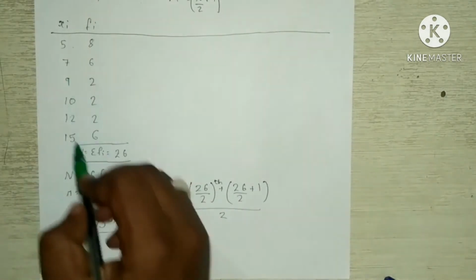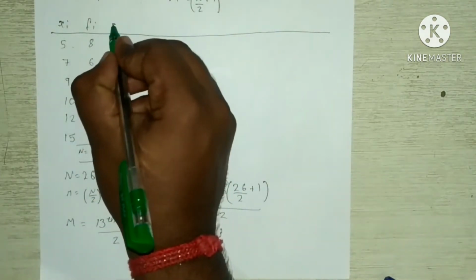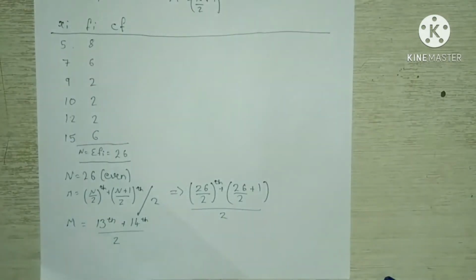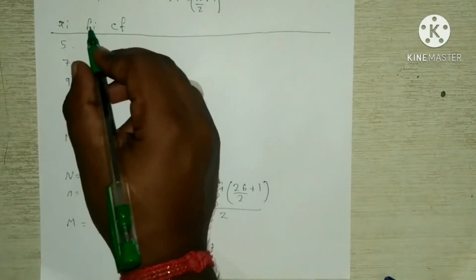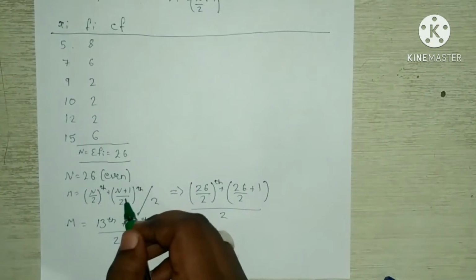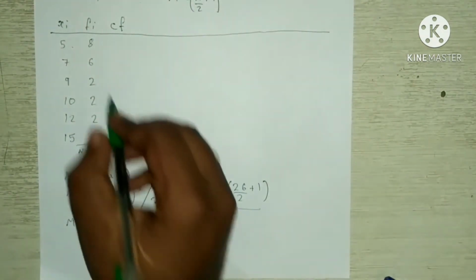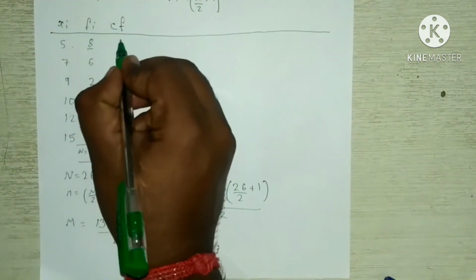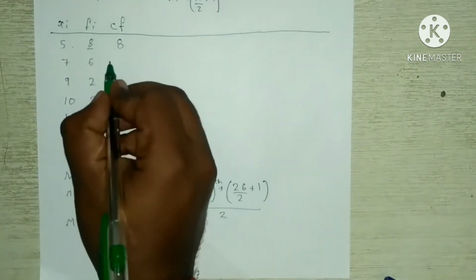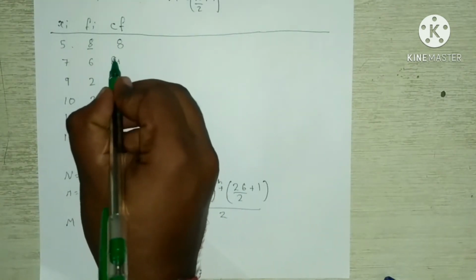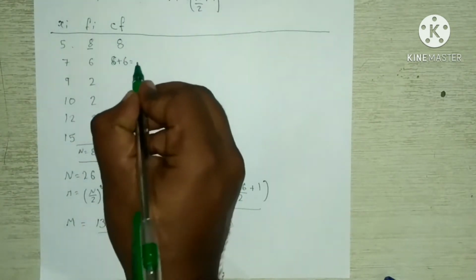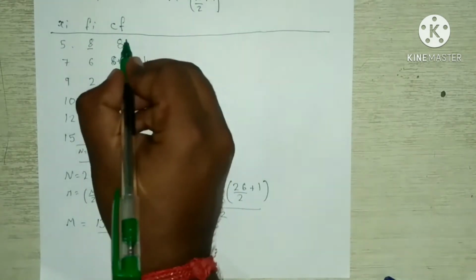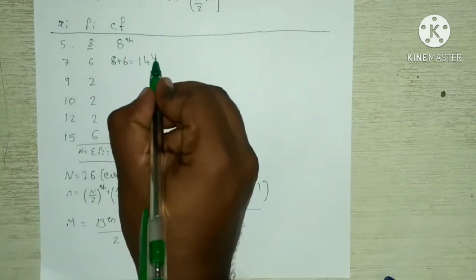We need to find that by cumulative frequency. CF is nothing but cumulative frequency. What is cumulative frequency? Adding the frequencies is nothing but cumulative frequency. First you'll get 8. Next, 8 plus 6 is 14. This is the 8th term, this is the 14th term.